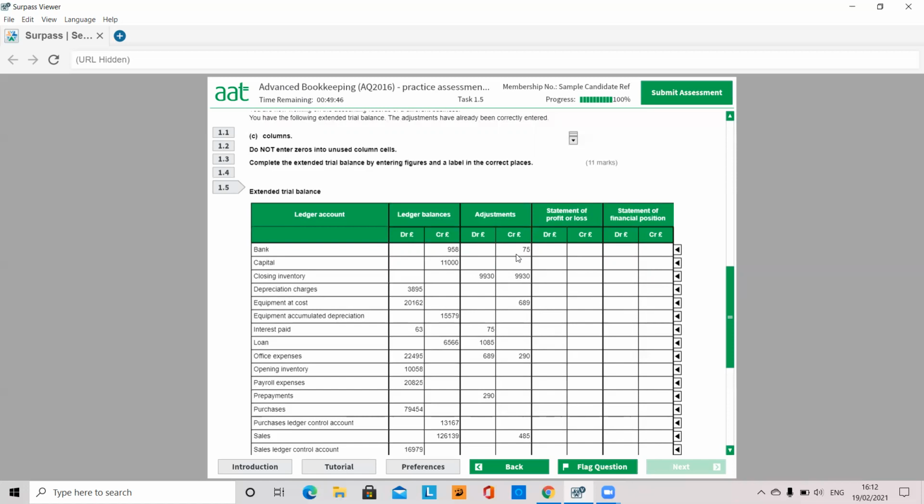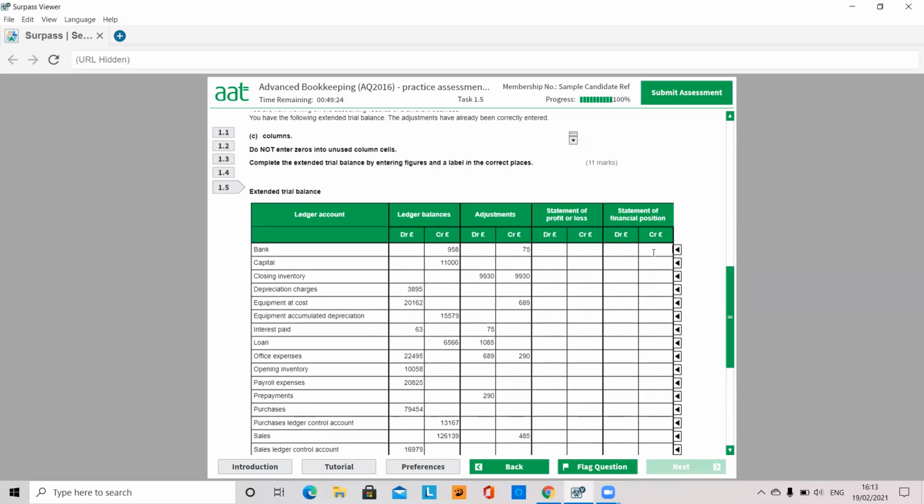So this one, so far as the bank is concerned, we do know that bank is what? Bank is a current asset in our statement of financial position. It would normally be a debit because it's normally a current asset. But this one is on the credit side, so it means that we're overdrawn.